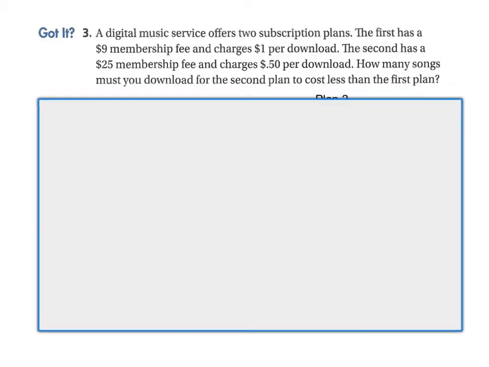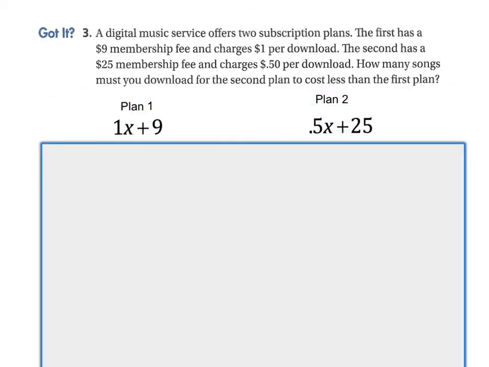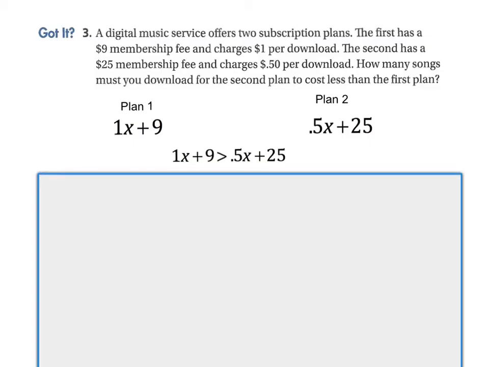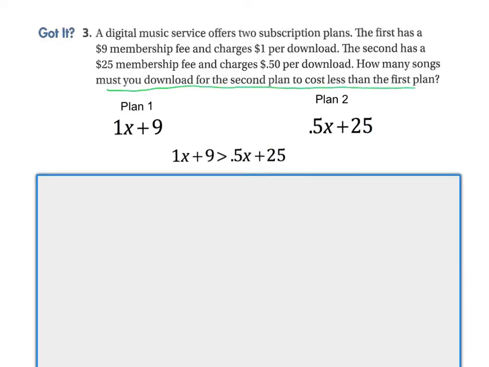Okay, so here we go. I'm going to show you there's the two plans. I forgot to define my variable. I should have said X equals the number of downloads. All right. And I do want to show you that I probably set it up different than you set it up. I didn't follow the way this says.